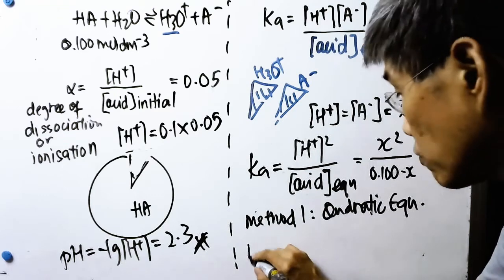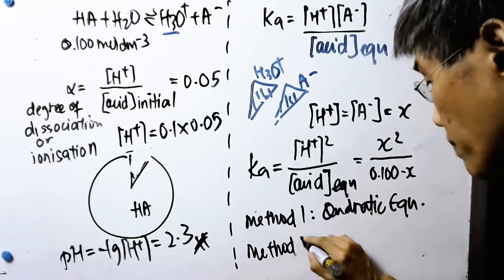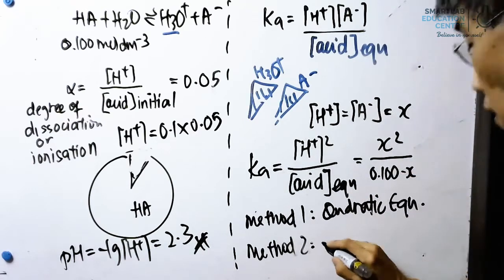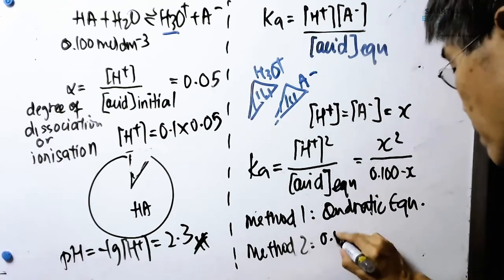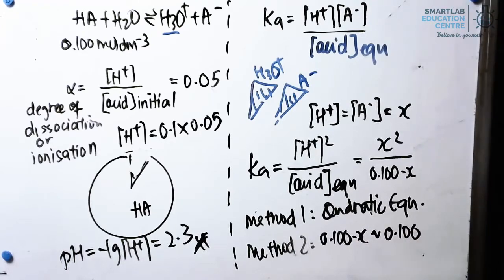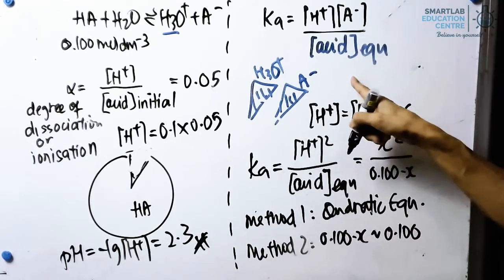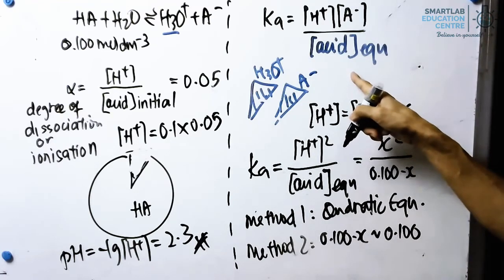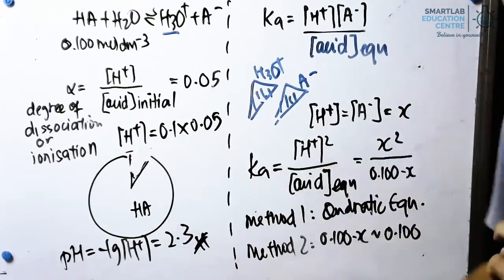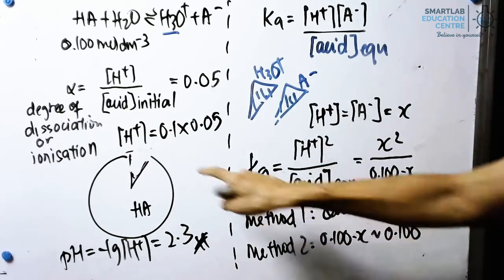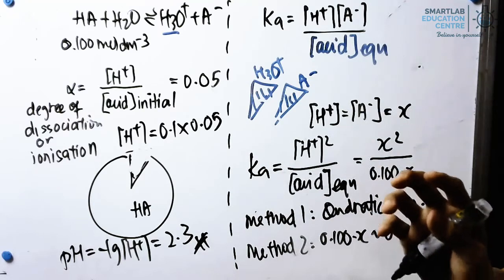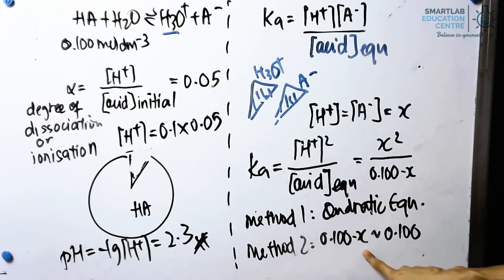In method 2, we are going to make an assumption. We assume that 0.1 mole per dm cube minus X is approximated as 0.1. Meaning to say the equilibrium concentration of your acid and the initial concentration of the acid are deemed to be more or less the same, which means the dissociation or ionization is negligible. That means we are assuming X to be really, really small.